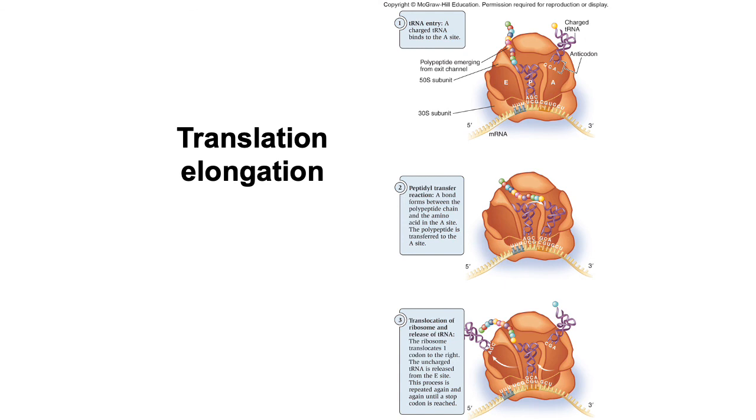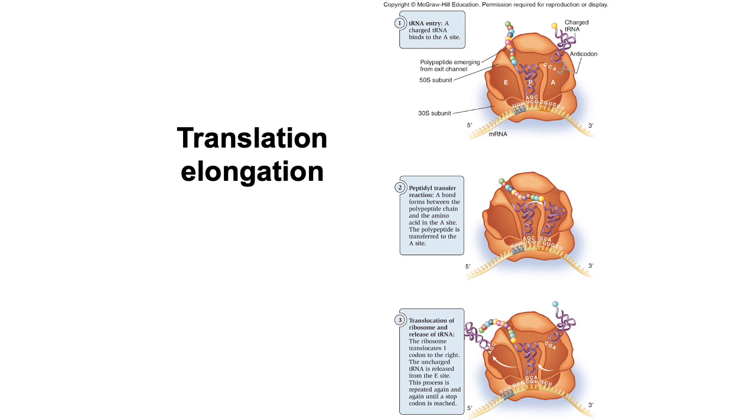And so then we have tRNAs. In step 2 there, we have tRNAs attached to specific amino acids in both the P site and the A site of the ribosome. And those two amino acids then are in close proximity to one another, and a peptide bond is formed between those two amino acids.